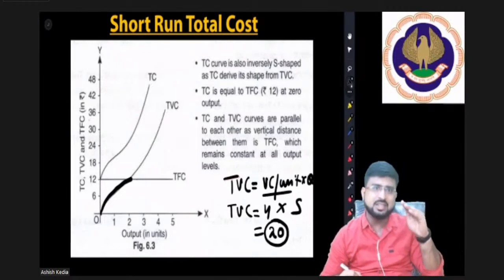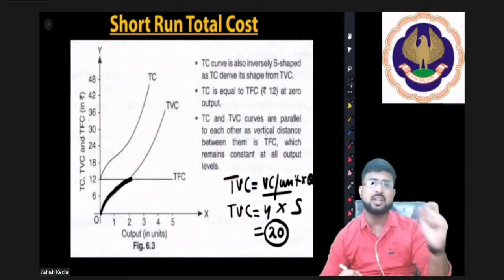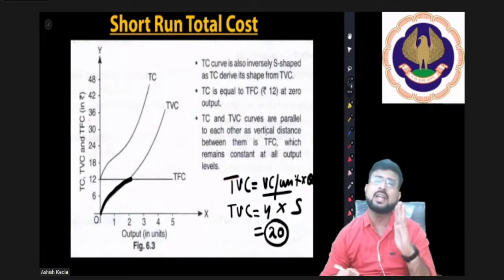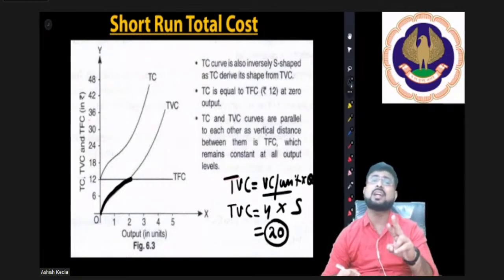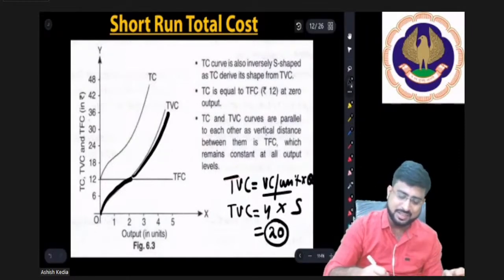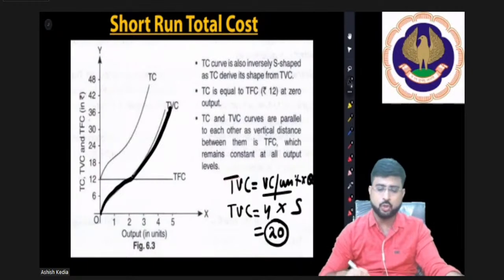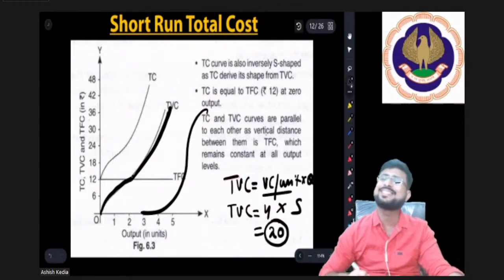Since in the initial stages, due to law of variable proportion, output is increasing at increasing rate, cost is increasing at a diminishing rate. Beyond a certain level, output increases at a diminishing rate. So cost will now increase at an increasing rate. So the diagram is just the opposite. In the case of law of variable proportion, total product diagram was like this.